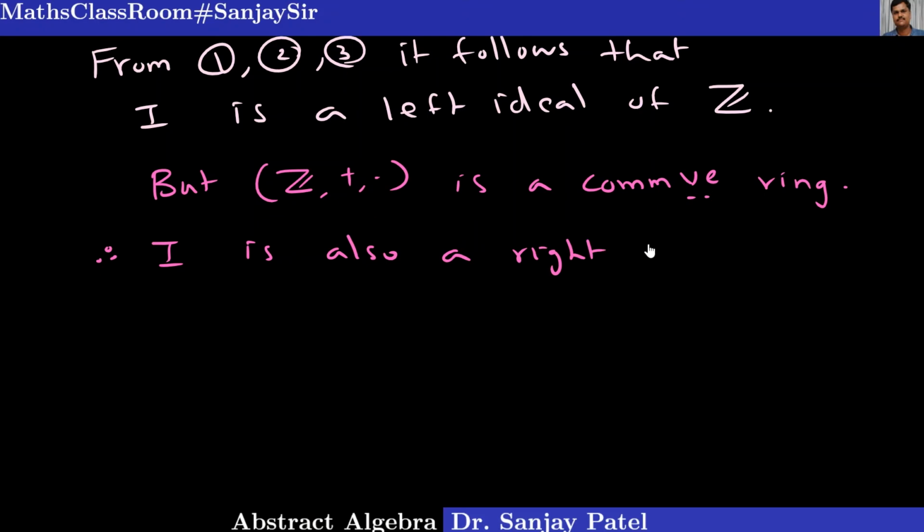In a commutative ring, remember, every left ideal is a right ideal as well as every right ideal is a left ideal. It is sufficient to prove only one thing: either you prove it is a right ideal or that it is a left ideal.